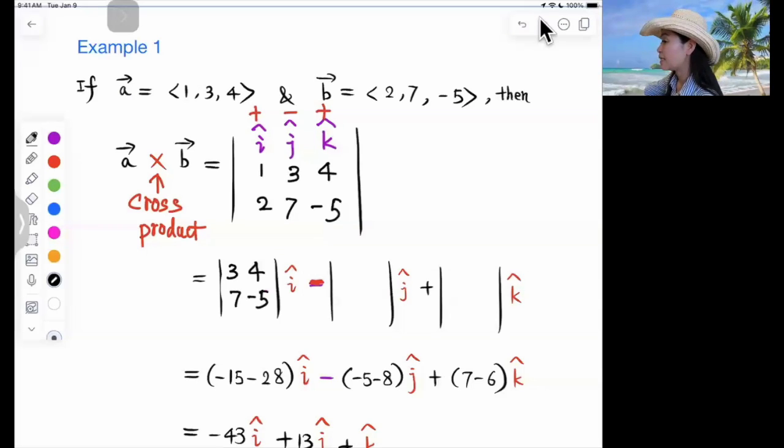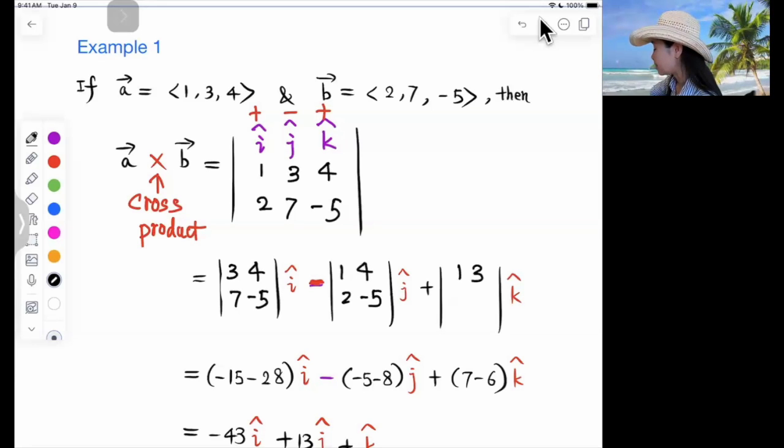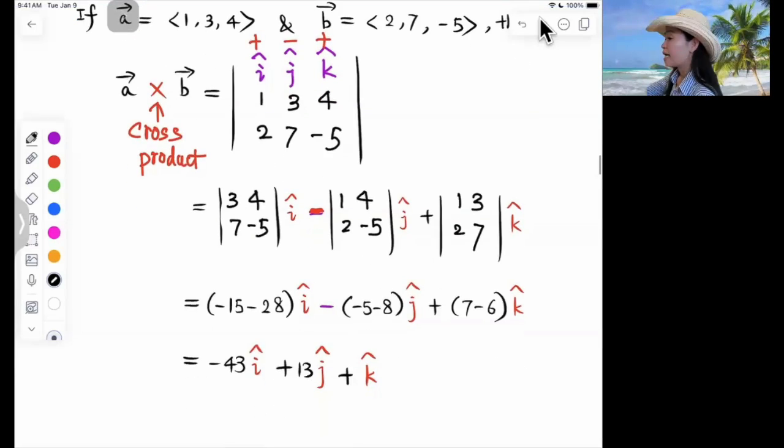For this one, minus, expand this: 1, 4, 2, negative 5. And the last one here, 1, 3, 2, 7. Now you can just get the determinant of this: 3 times negative 5 is negative 15, subtract 4 times 7, so you're subtracting 28.